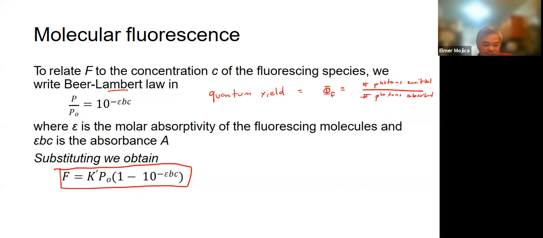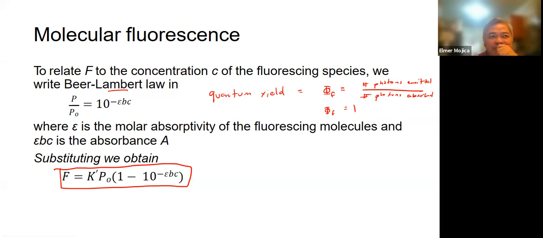So usually in the absence of competing pathways, your quantum yield is equal to what? One. And quantum yield is a very good mode of studying because it's dependent on the biological environment. Okay.